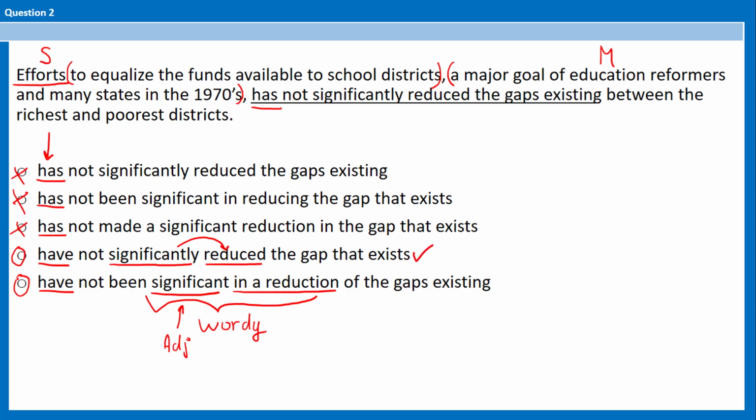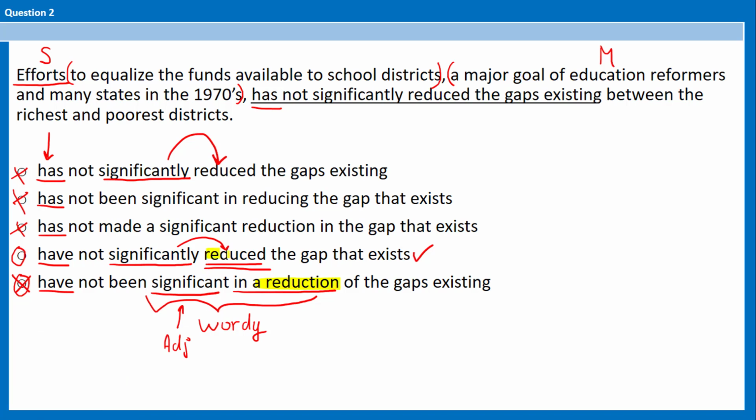So we're going to keep number 4 for 2 reasons. It keeps the original meaning, which is in number 1, significantly reduced. And second, it is simpler, more concise. Okay? Now there is a common pattern in the GMAT. You'll notice throughout these lessons that a lot of right answers prefer to use a verb or a verbal form, such as reduced, rather than a noun, such as reduction.